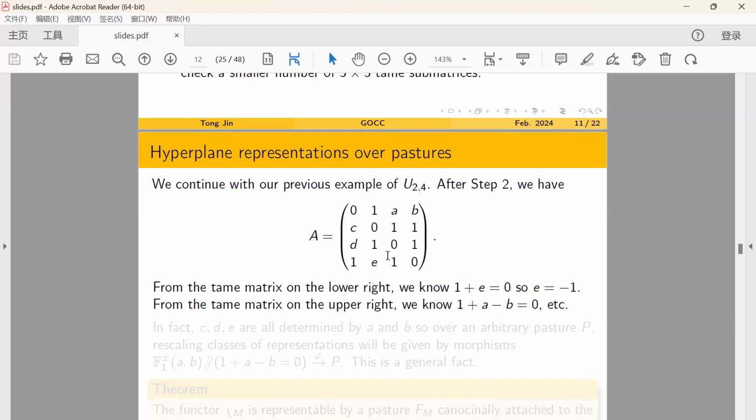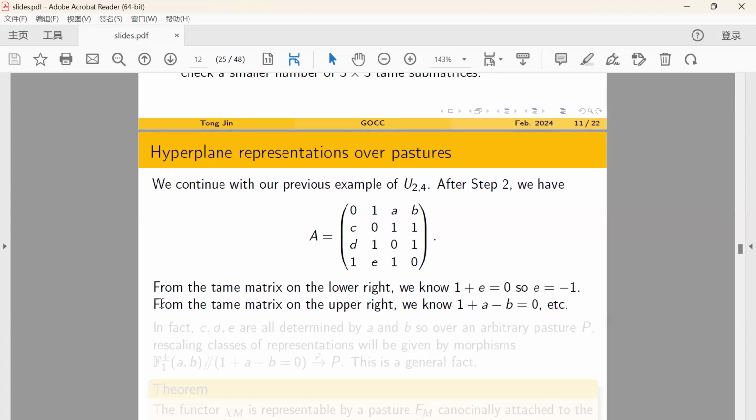And because we require that this matrix over P is singular, we know the determinant: this is 0, this is 1, this is plus E, minus 0, minus 0, minus 0. So 1 plus E has to be equal to 0. So from step 3, we know E must be equal to 1.